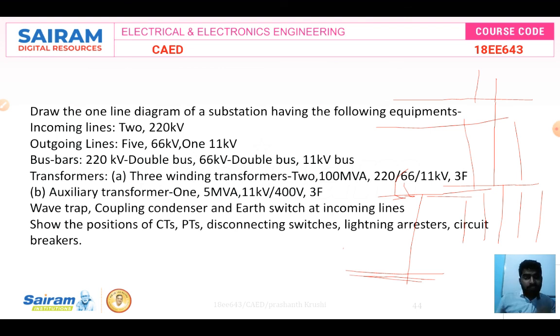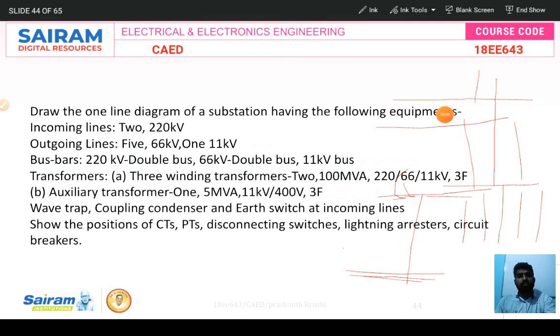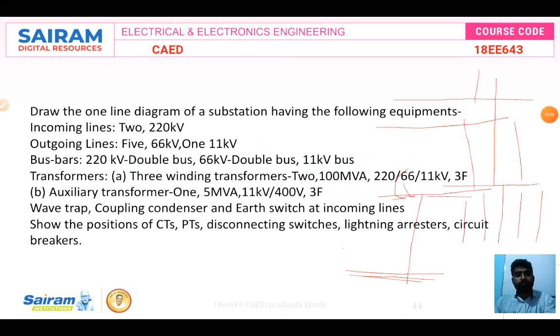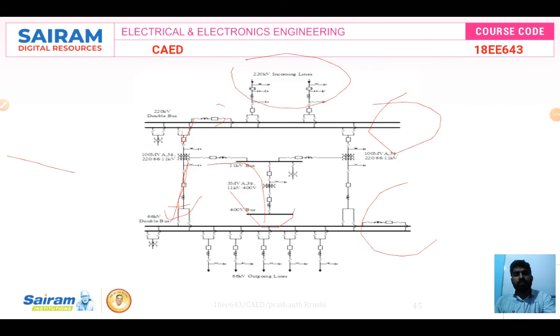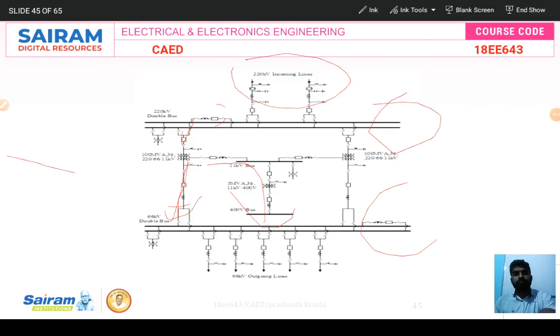But here they mentioned 220, 66, 11 kV. So definitely you have to draw diagrams like this. Don't confuse, okay? Like this you have to draw. I have taken it here itself because 66 kV to 11 kV, but here they mentioned 220, 66, 11 kV. You have to draw like this.